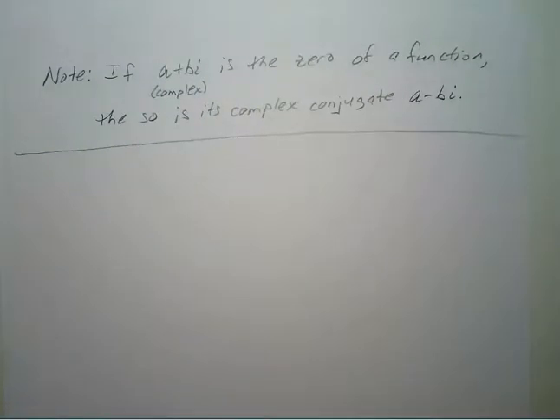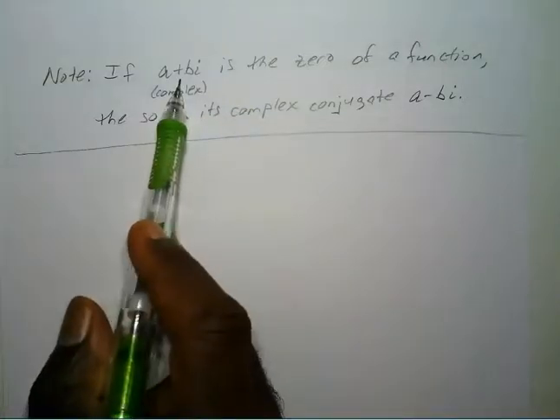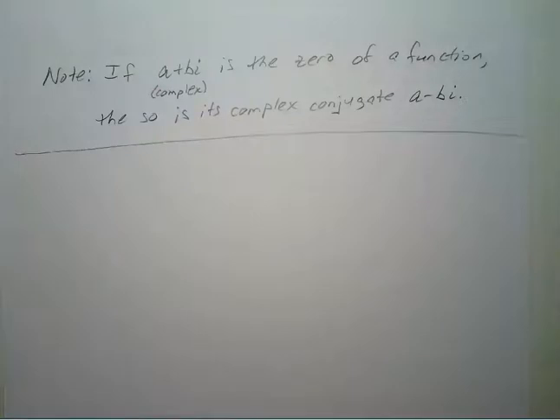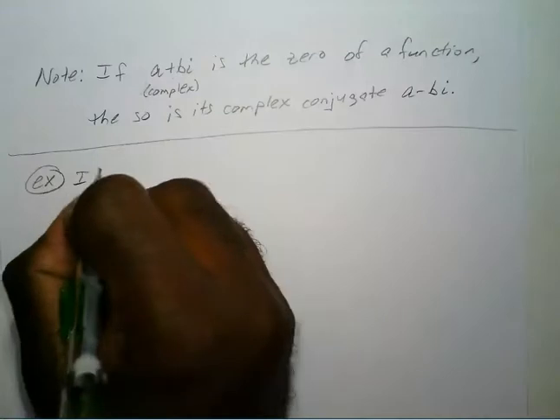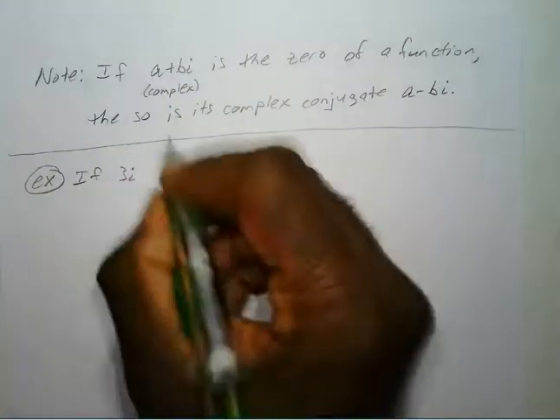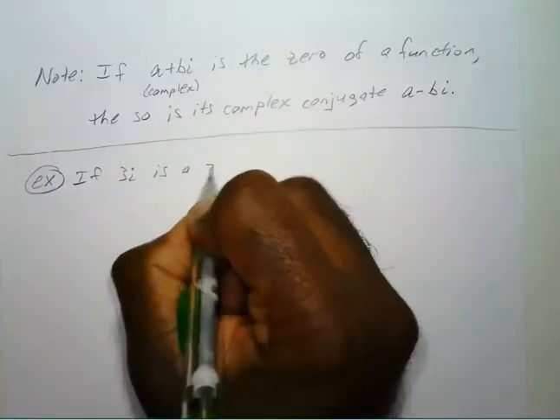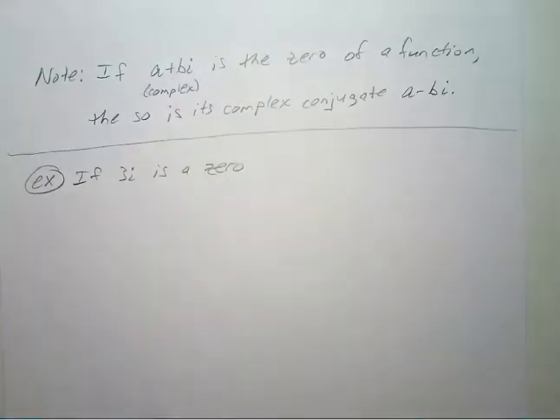Which is just a little friendly hint that if a plus bi is a zero of a function, which is your complex value, then so is the complex conjugate. So for example, what if you know that 3i is a zero?